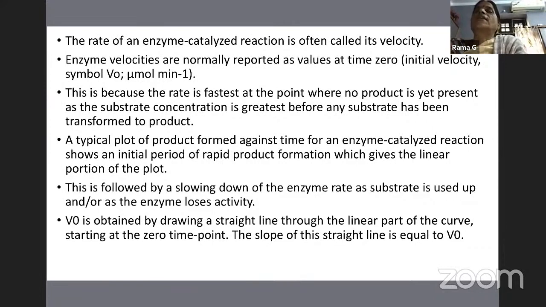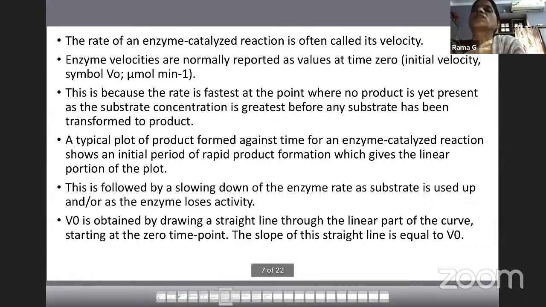Then enzyme velocities are normally reported as values at time 0. Just now we discussed that the initial velocity of a reaction is definitely 0, and that is indicated by V0.